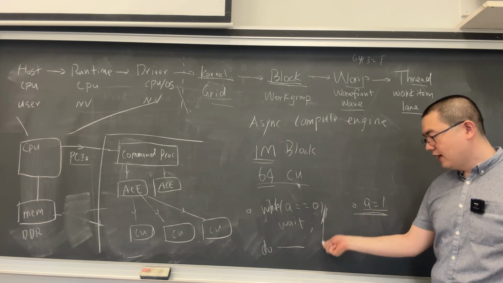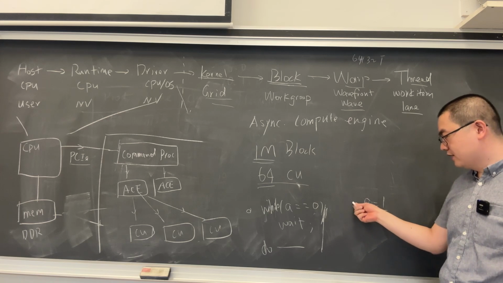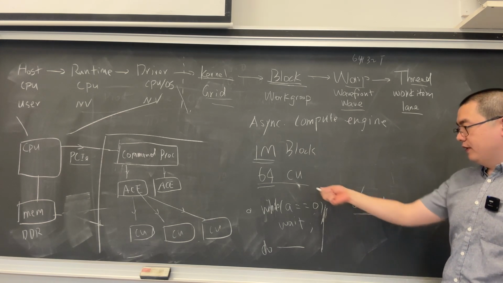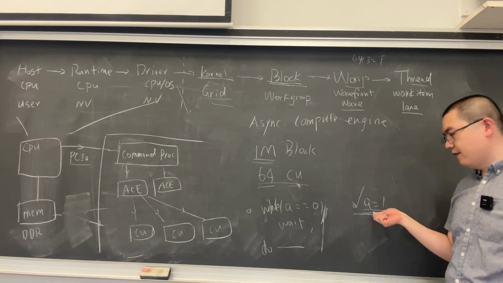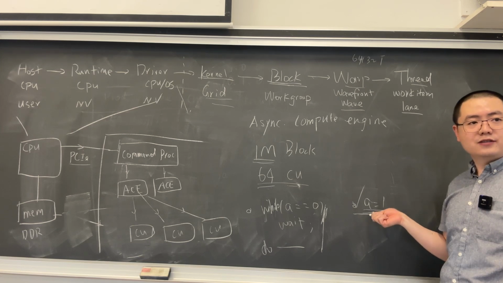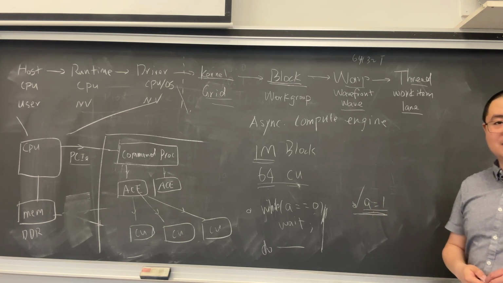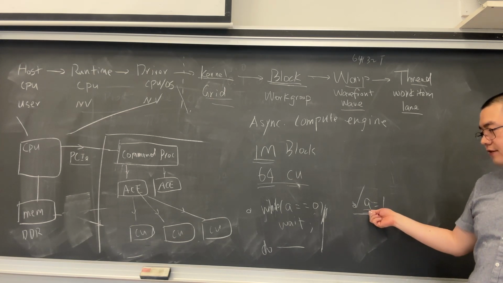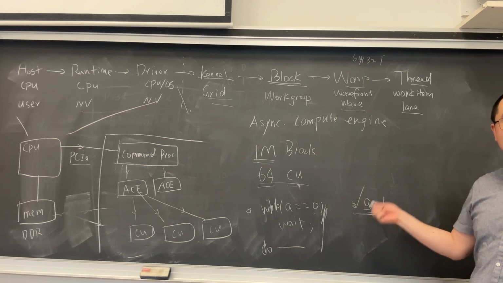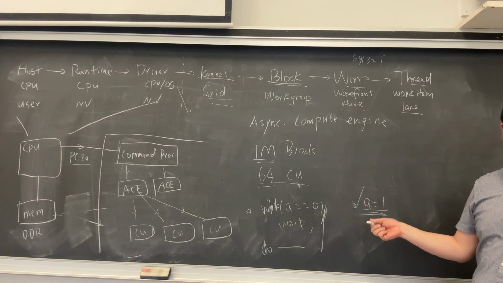You have to wait for this one to complete before you can execute that one, but because of the hardware limitation, you can never run it. So this is an example of global synchronization, and you should never write this type of program on a GPU.